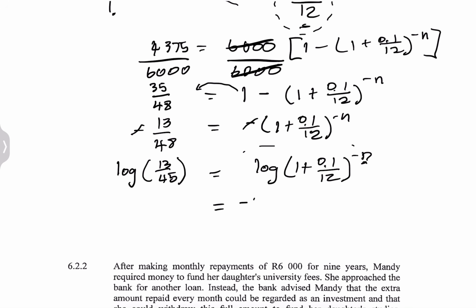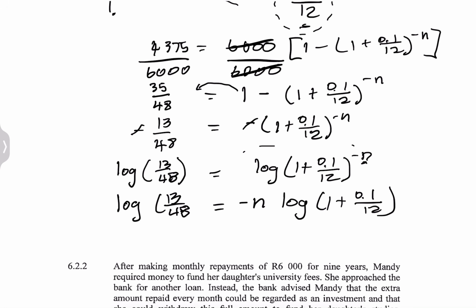So that would be minus n times the log of 1 plus 0.1 over 12, and this would be equal to the log of 13 over 48, not 45. So 13 over 48.